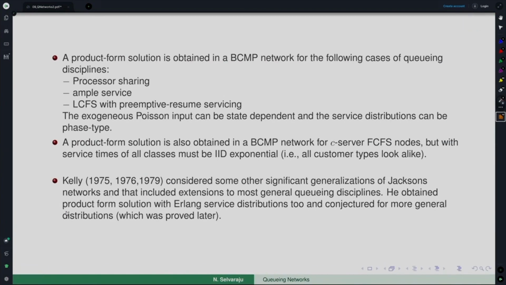In addition, the product form solution, where is the usefulness, since we are still within the realm of product form networks. That is the main idea. This BCMP network gives a product form solution for the basic setup and assumptions that we have given, for the following cases of queue disciplines.